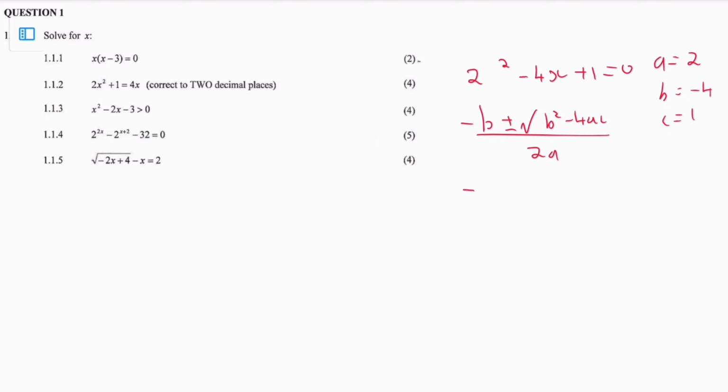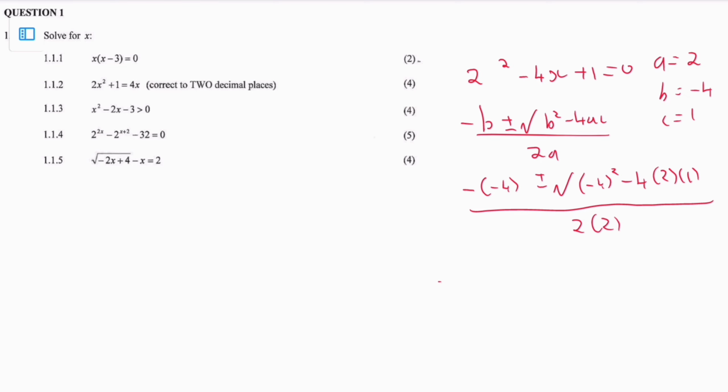If we plug in our values here, -4 plus minus the square root of (-4) squared, be careful with your brackets, minus 4 times 2 times 1, and we divide all of that by 2 times 2, you will get either x equals 1.71 for the positive on the square root, or you will get x equals 0.29.